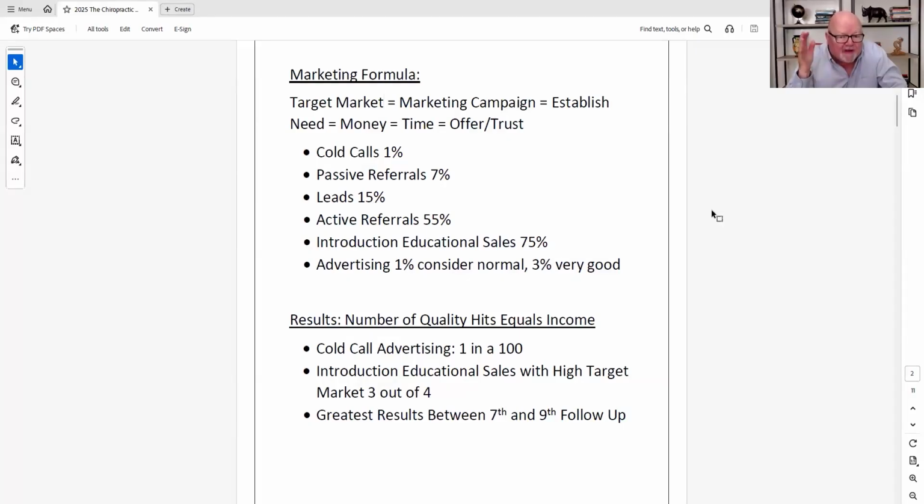That's where the gold is at, establishing need. Okay. And then we learn how to handle the obstacles of money, time, and an offer. And then it obviously helps if it's in a trusted environment. So there's your formula. The more you know that, the more you apply it, the more successful you'll be.